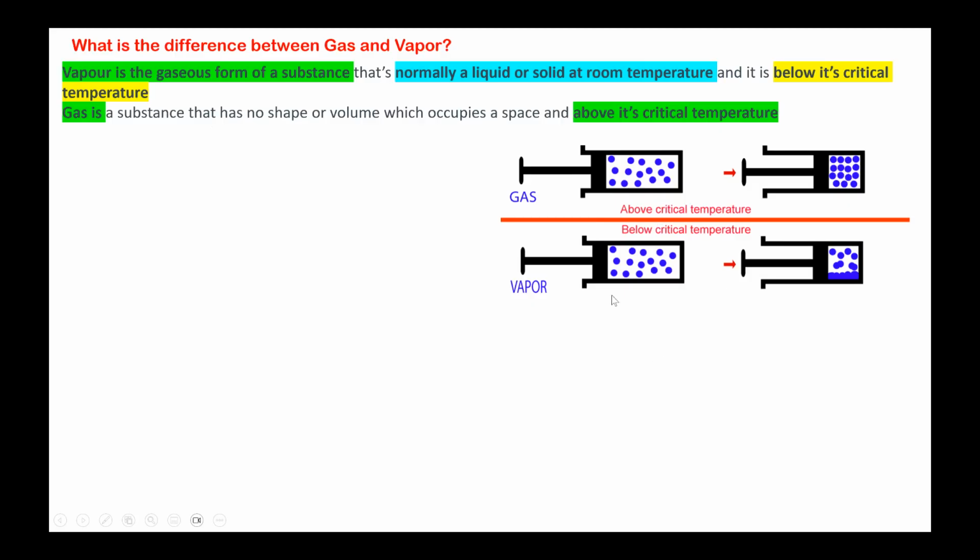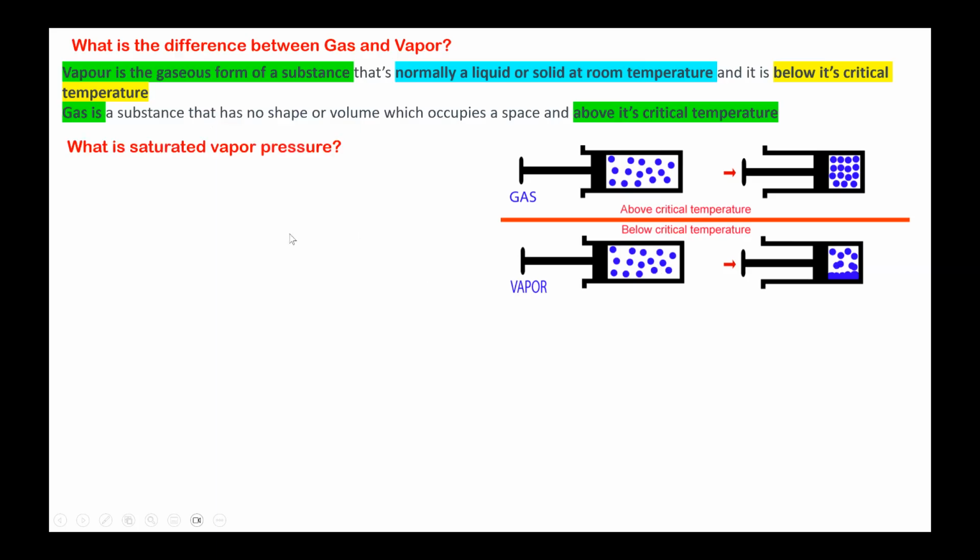Whereas a vapor, when you apply pressure, because it is below its critical temperature, you can see some of them have become a liquid here and some of them are still remaining as a gas. So it does not remain in the gaseous form all the time. So a vapor below its critical temperature can be compressed by applying pressure to make it into a liquid.